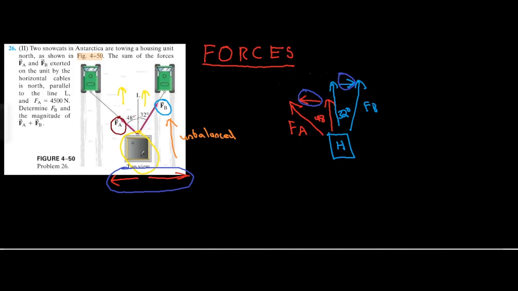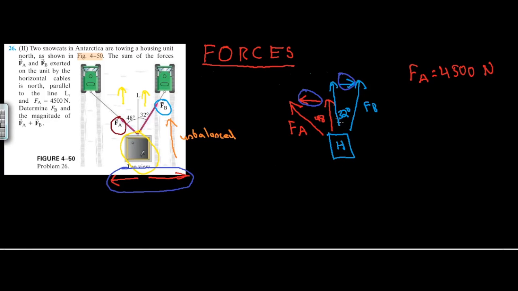So force A is known to be at 4,500 newtons. So FA is 4,500 newtons. And we know this angle to be 48 degrees. So we can use some basic trigonometry to deduce a solution.